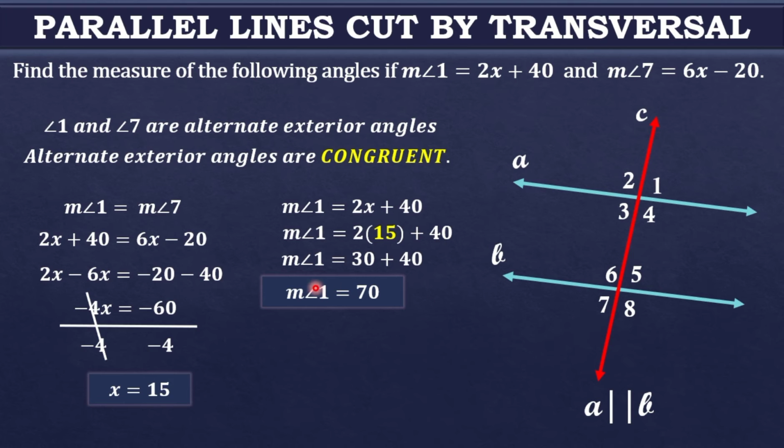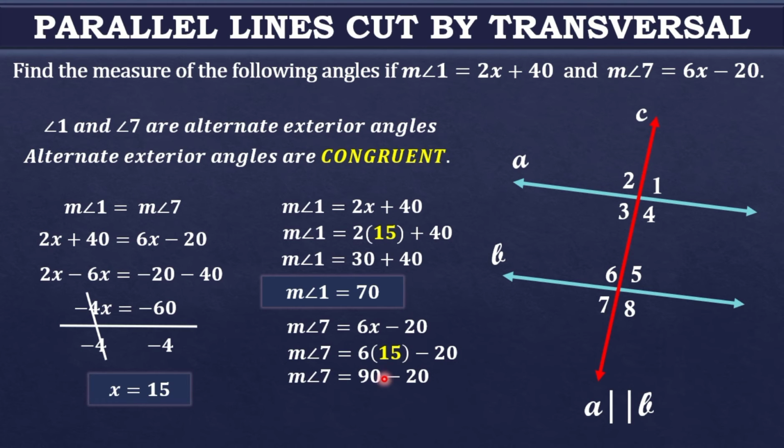Okay? But, para makasigurado ka kung congruent nga or tama yung nakuha mong solution, pwede mo rin i-substitute dito. So, 6x minus 20, substitute natin si 15, we will get 6 times 15, that is 90 minus 20, so the measure of angle 7 is equal to 70.